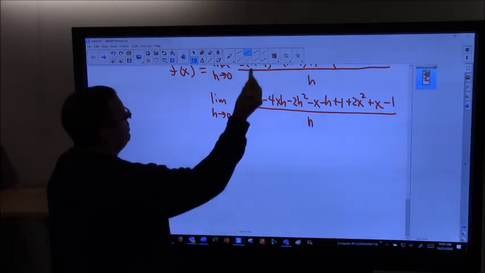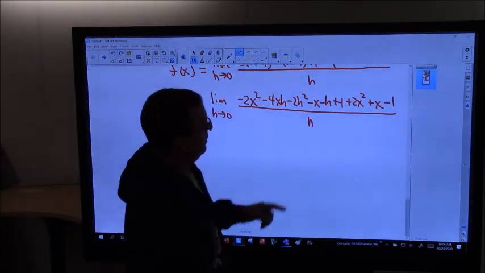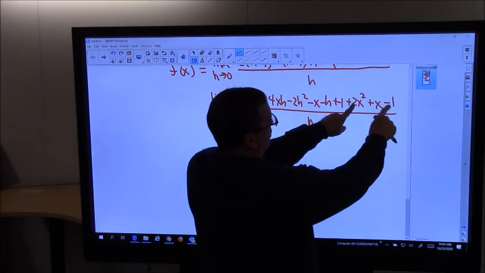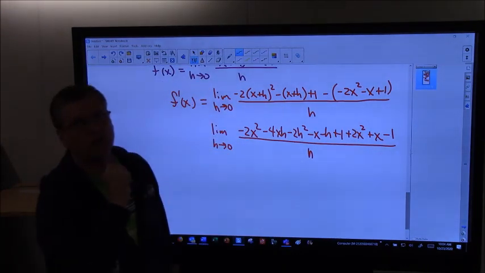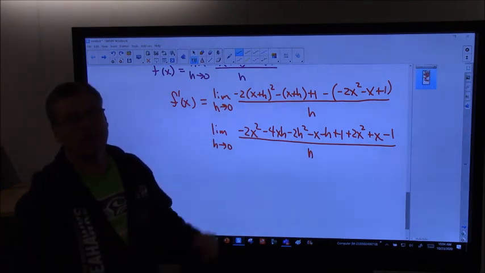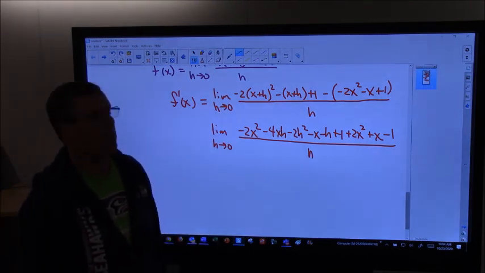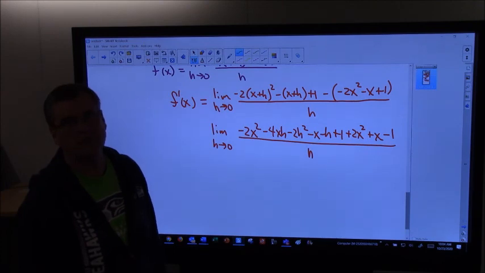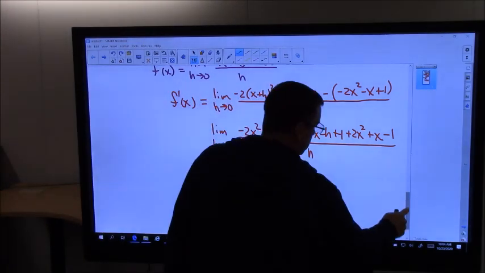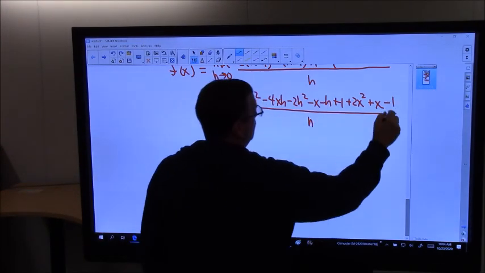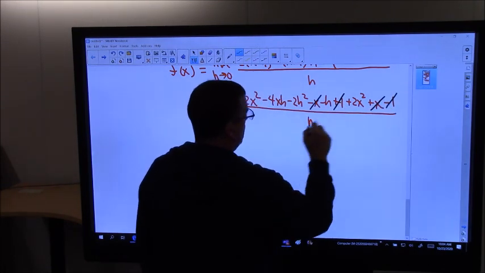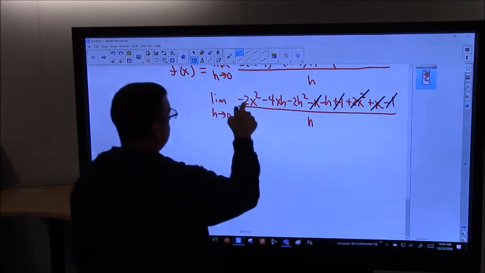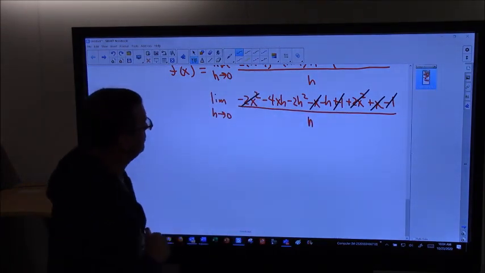So one thing that I told you guys before is all of these things over here that I just took the opposite of, everything that just came from this, it should always cancel out. If it doesn't, that means I made a mistake somewhere. Okay? All right, so let's see. The negative 1 cancels with the positive 1, positive x with a negative x, 2x squared with a negative 2x squared.